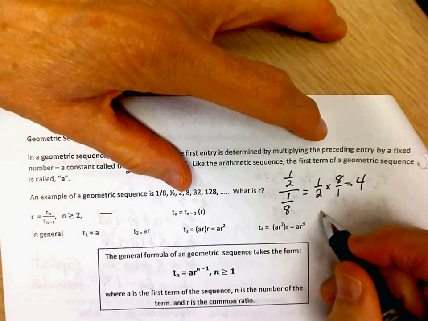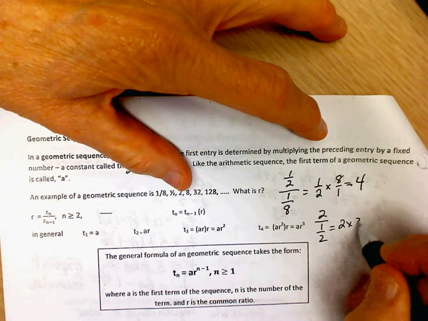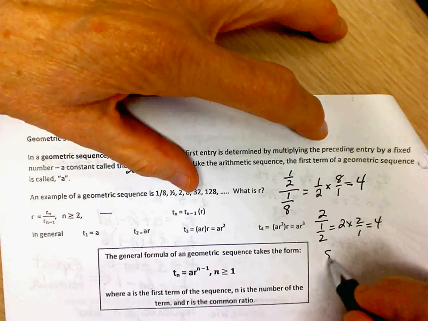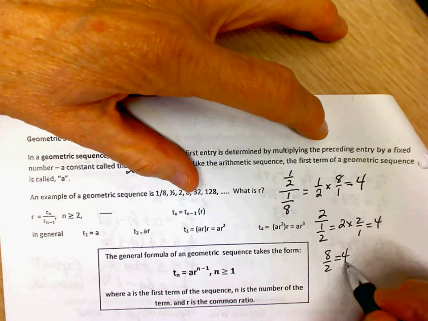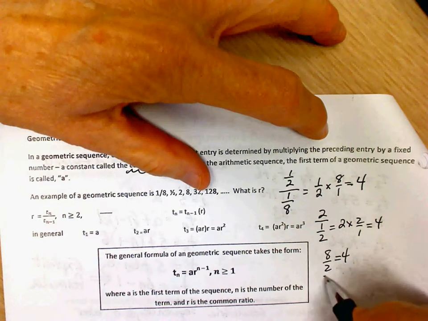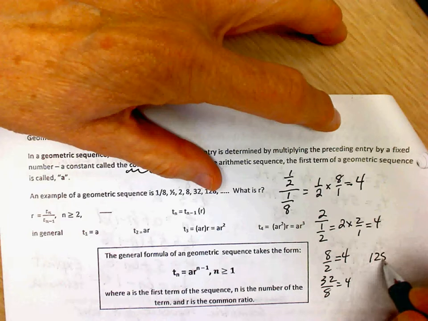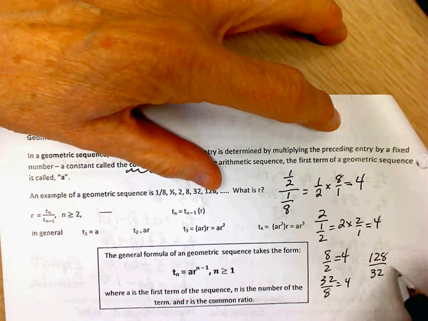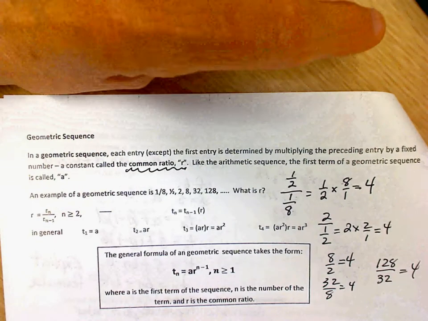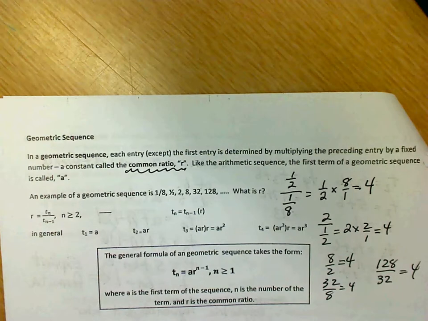Let's try the next one. 2 divided by 1/2 equals 2 times 2 over 1 equals 4. 8 divided by 2, oh look, there's our common ratio. 32 divided by 8 equals 4. 128 divided by 32, and I believe that's 4. So our common ratio is 4. Fair enough?